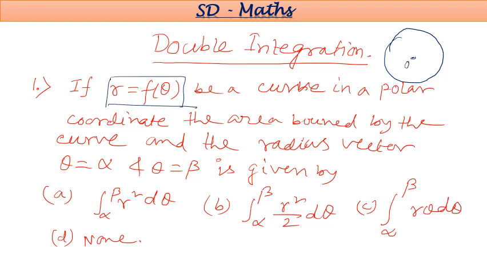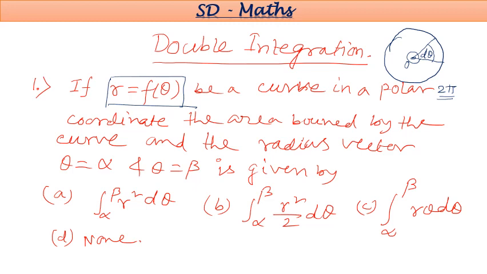Center is O. Now here I am taking a sector, a sector with a small angle d theta. This angle is d theta, right? The total rotation is 2 pi, 360 degree.